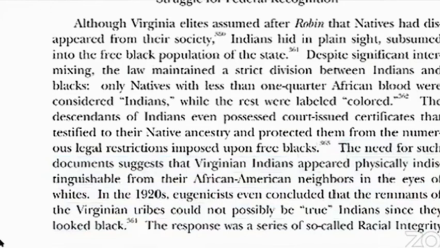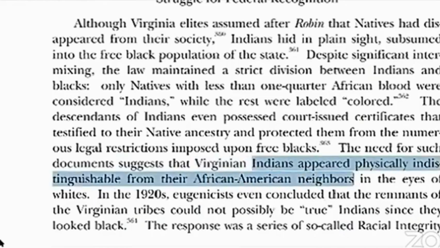But the reality is that Indians appeared physically indistinguishable from their African American neighbors to white Virginians. It's the same person, the same family in the eyes of the whites.